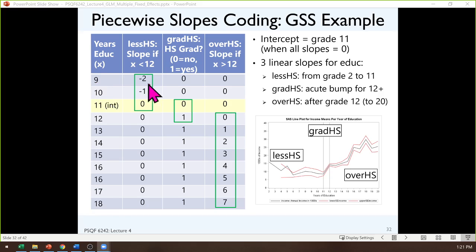Likewise, 9 is 2 less than 11. If I had grade 8 in the table, that would be a -3, and so on. So this first column is going to be created as education minus 11 only for the people who have 11 or less. For the people who have greater than 11th grade education, I'm not talking about them yet. So they're zeroed out.